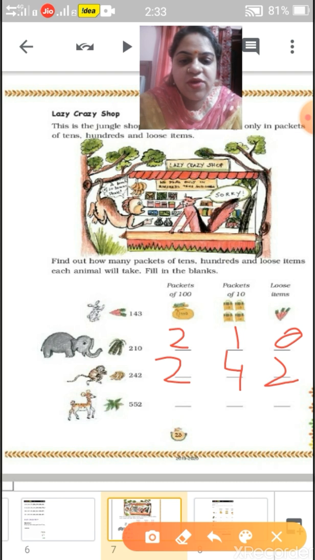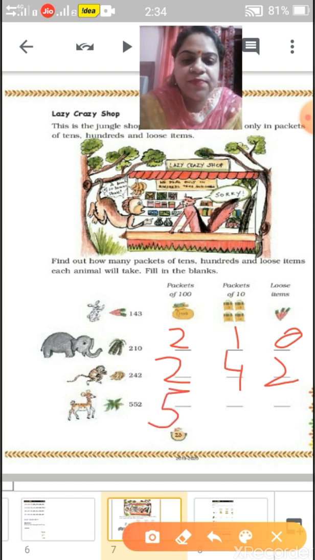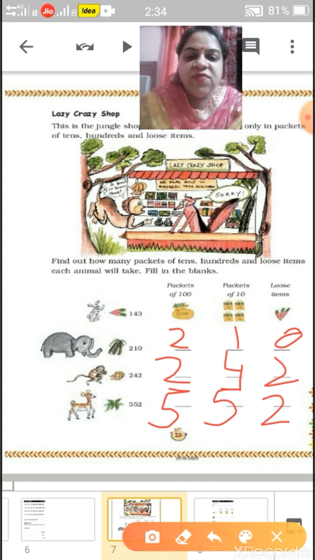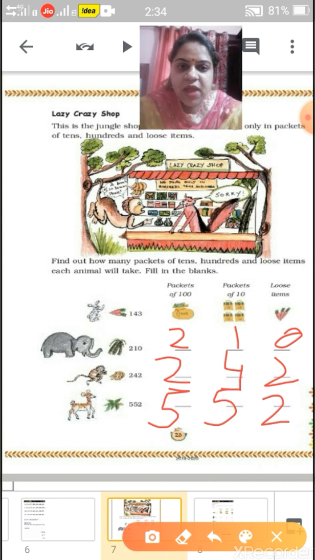Same, children, we will do for this, like we were using 5 packets of 100 and 5 packets of 10 and 2 loose items. So it's 5 into 100, 500. Now 5 into 10 is equal to 50 and next plus 2.